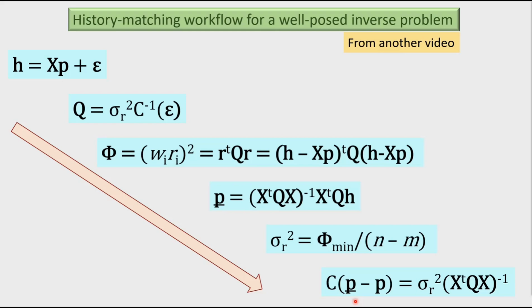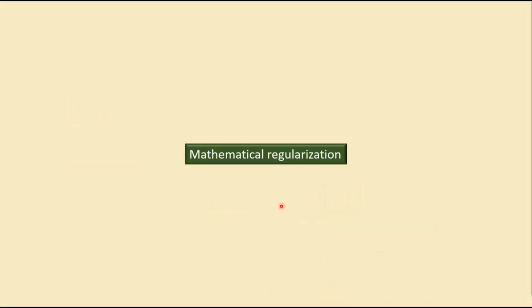And everything hinges on the existence of that -1, that is, the creation of a matrix here which can be inverted. With mathematical regularization, we do things differently.